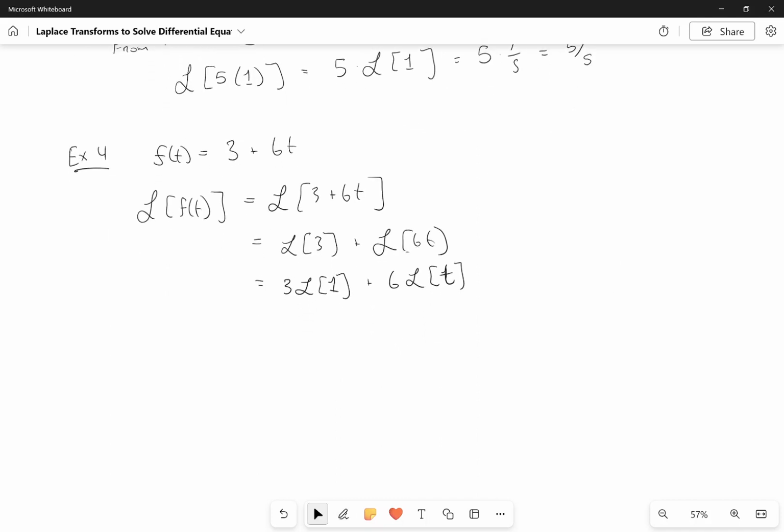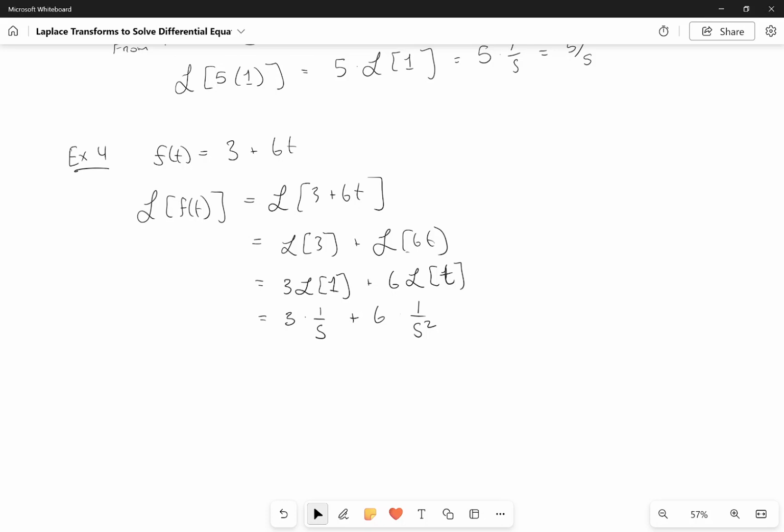And we can get these from the table. This is 3, and the Laplace of 1 is 1 over s, plus 6, and this is 1 over s squared. Again, from the table. All right, so this is how we can take the Laplace transform.